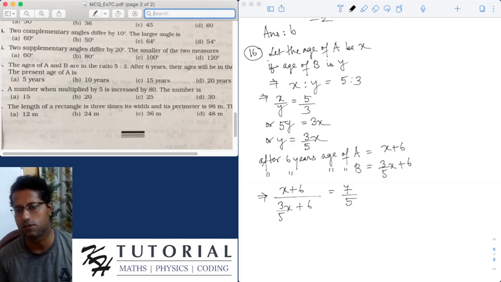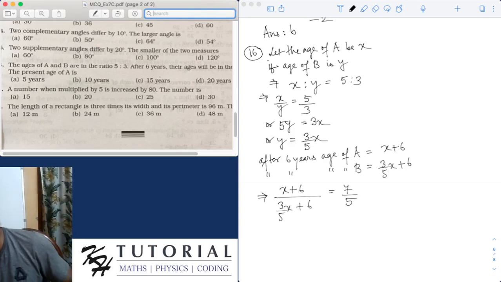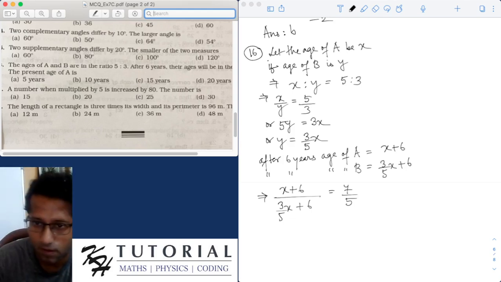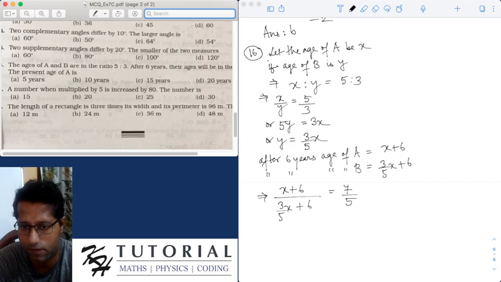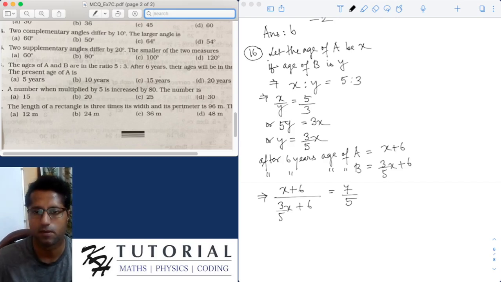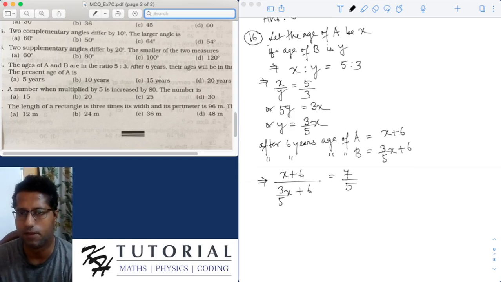Since the ratio of ages of A and B after 6 years is 7:5, we can say that x plus 6 divided by 3/5 x plus 6 is 7/5. We have to be familiar with the concept of ratio and proportion.